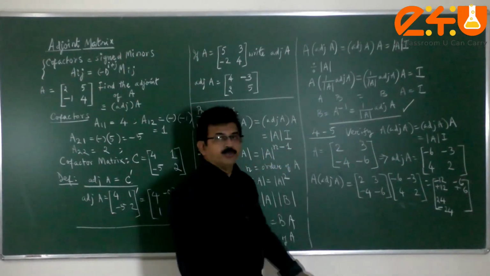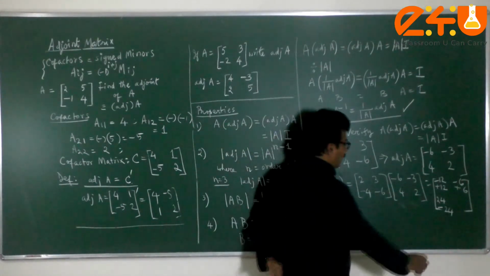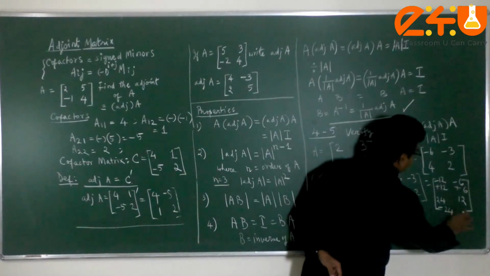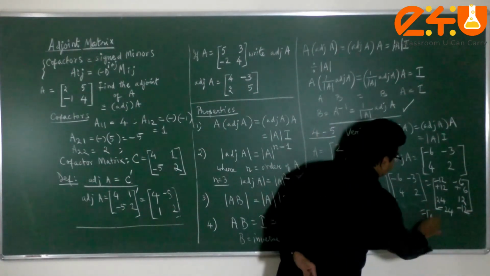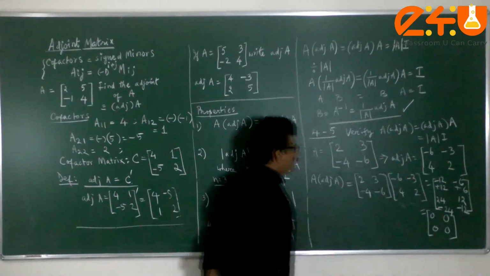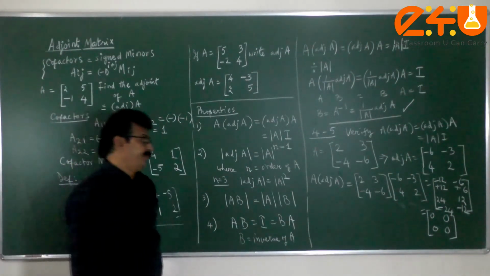And in 2 2 position, second row, second column to be multiplied, -4 into -3, 12, -6 into 2 becomes -12. So we can see it gives as a result a null matrix.